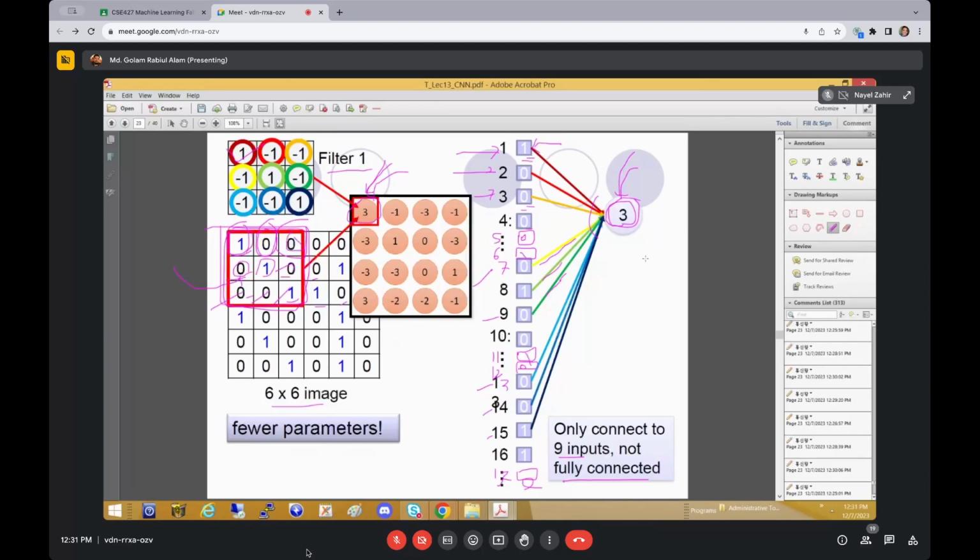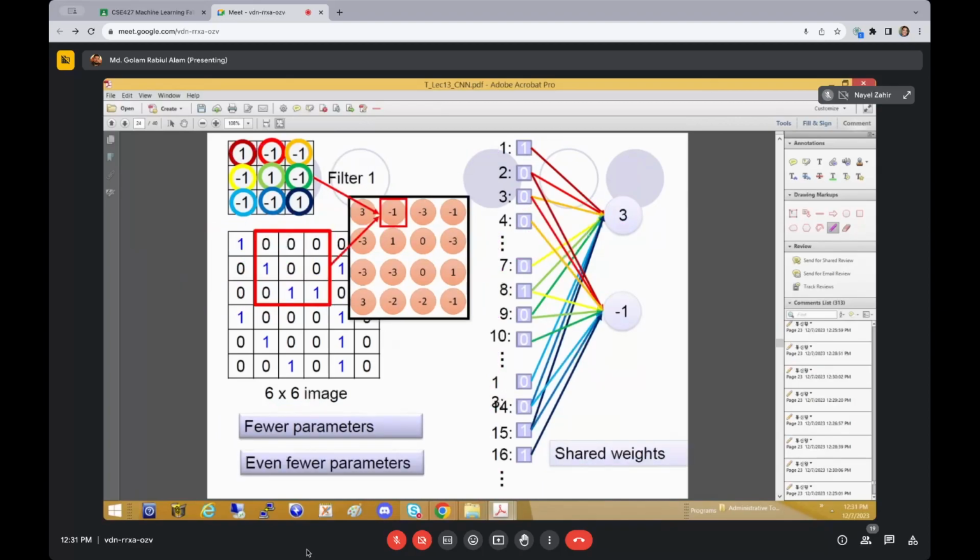And then what other benefits do we have here? Now in computing our next value, we shifted our patch using the stride of one, and then again we do the operation.